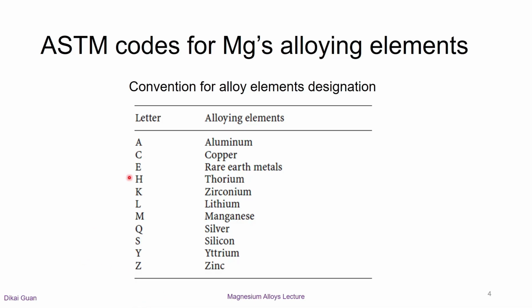For example, A is short for aluminum, C is copper, E is rare earth metals, K is zirconium, M is manganese, Q is silver, S is silicon, Y is yttrium, and Z is zinc.